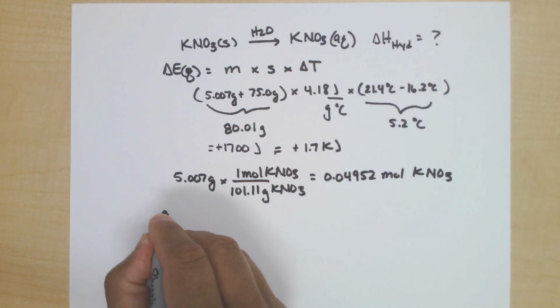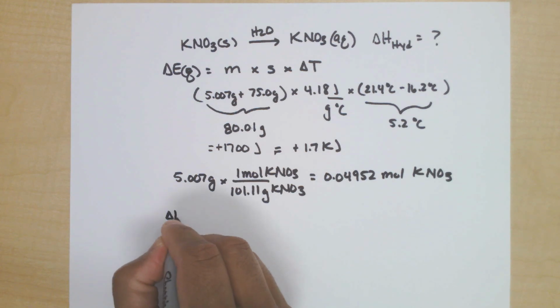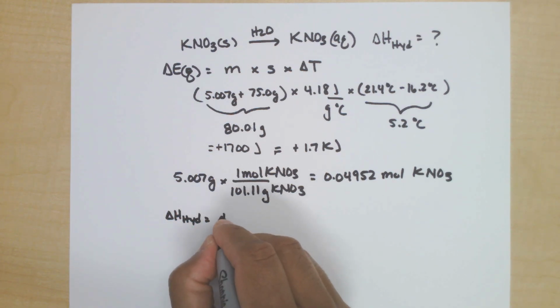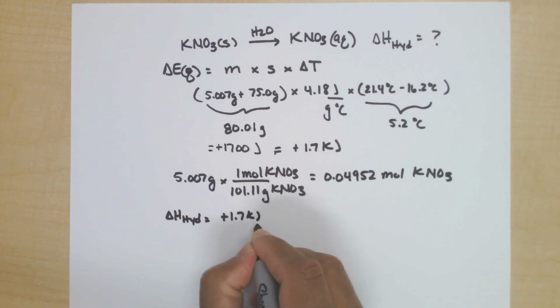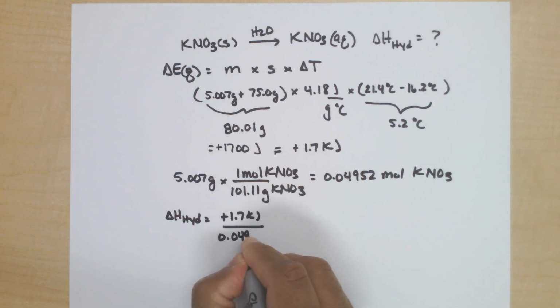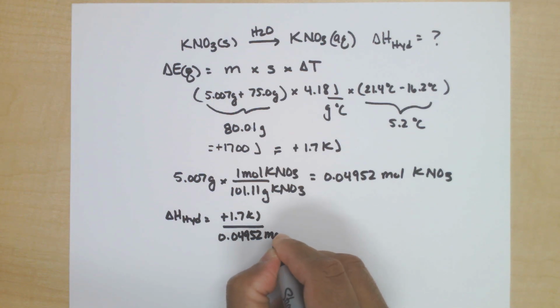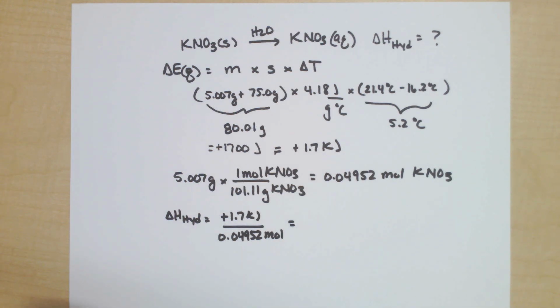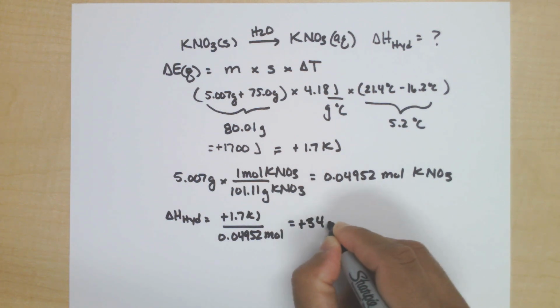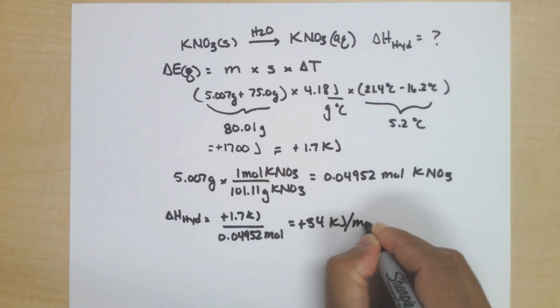So, our delta H of hydration is a positive 1.7 kilojoules for every 0.04952 mole. To two significant figures, this is 34 positive kilojoules per mole.